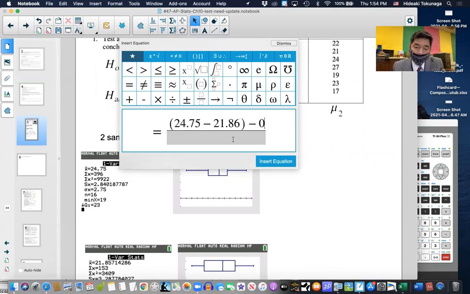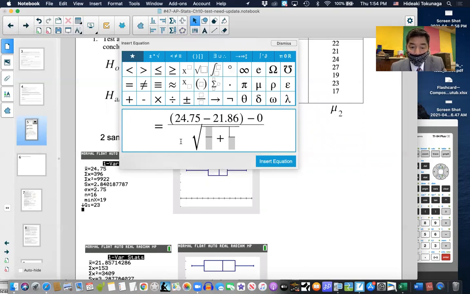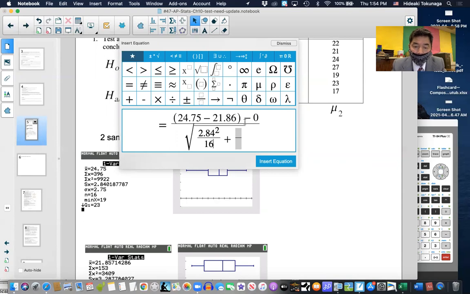The denominator is a square root sign with a fraction plus a fraction. The first fraction is the sample standard deviation, 2.84 squared, over 16 students, I believe. Let me recount later. 16.